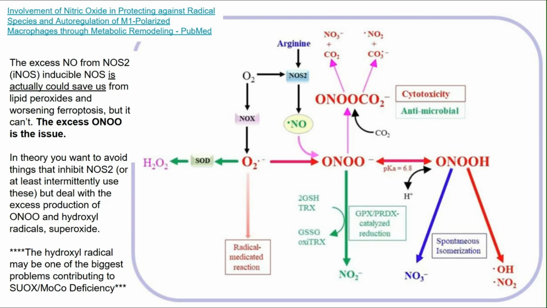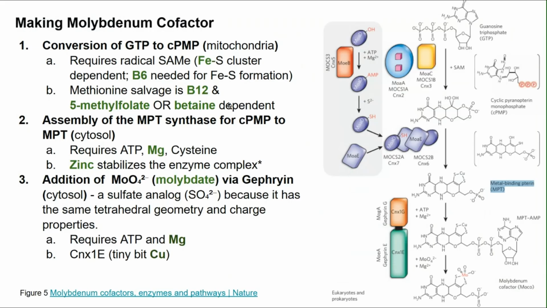The hydroxyl radical might be the biggest problem contributing to sulfite oxidase deficiency or Moco deficiency. And then you have a feed-forward effect, because then you're going to have more sulfite. So to make molybdenum cofactor, and I promise I am going to make a whole video on this, a lot of the research that I did for how sulfite affects these micronutrients in the body actually works into this next presentation.